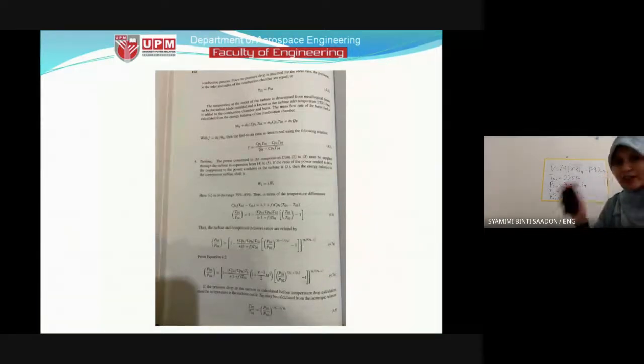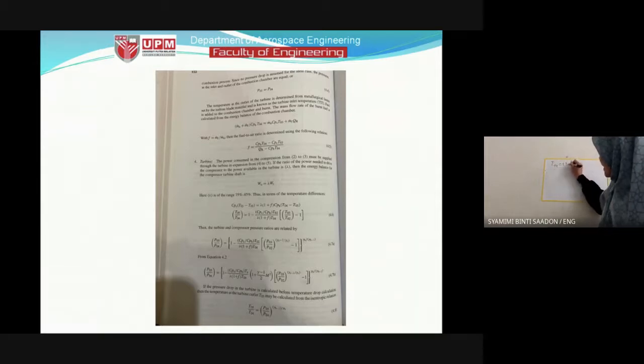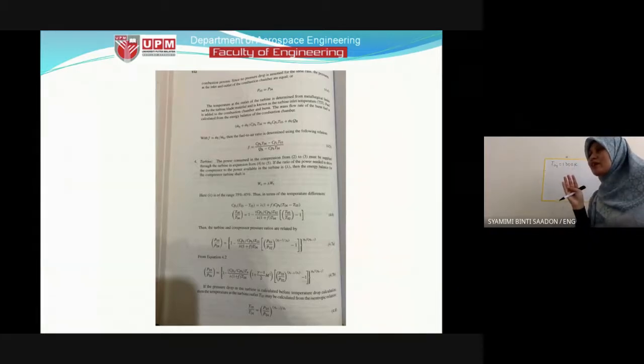TO4 is 1300 Kelvin, the maximum temperature, because the afterburner is not operative, so the maximum temperature will be the turbine inlet temperature, which is TO4.